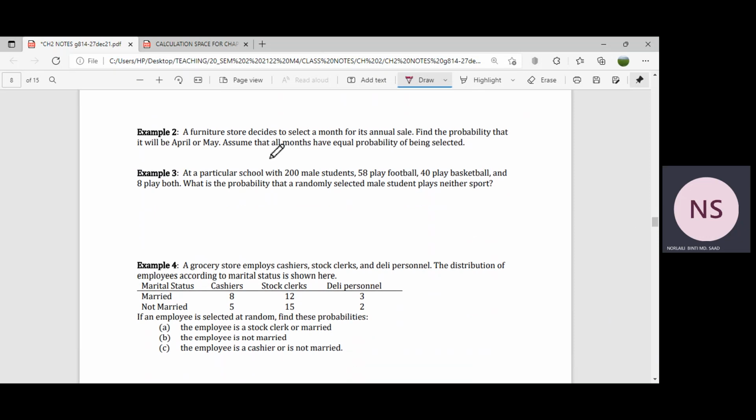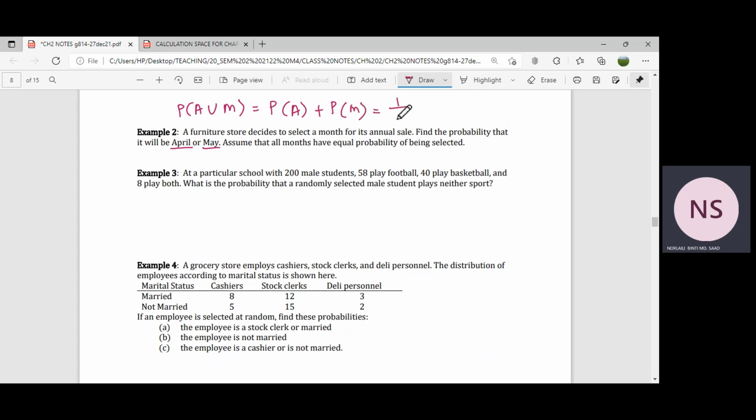Now we look at example number 2. A furniture store decides to select a month for its annual sale. Find the probability that it will be April or May. The months are totally separated, so they are mutually exclusive events. We just add the probability of getting April and the probability of getting May.